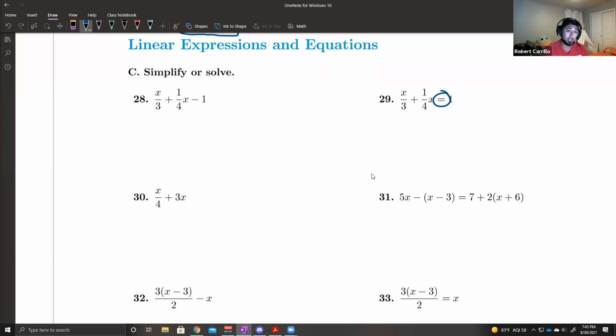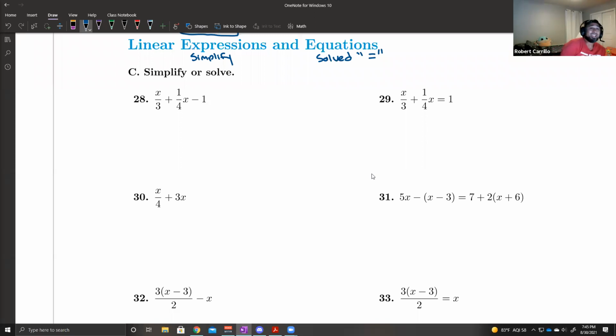Equations you solve, expressions you simplify. Expressions can only be simplified and equations can only be solved. And equations have an equal sign. Okay, that's the big difference.